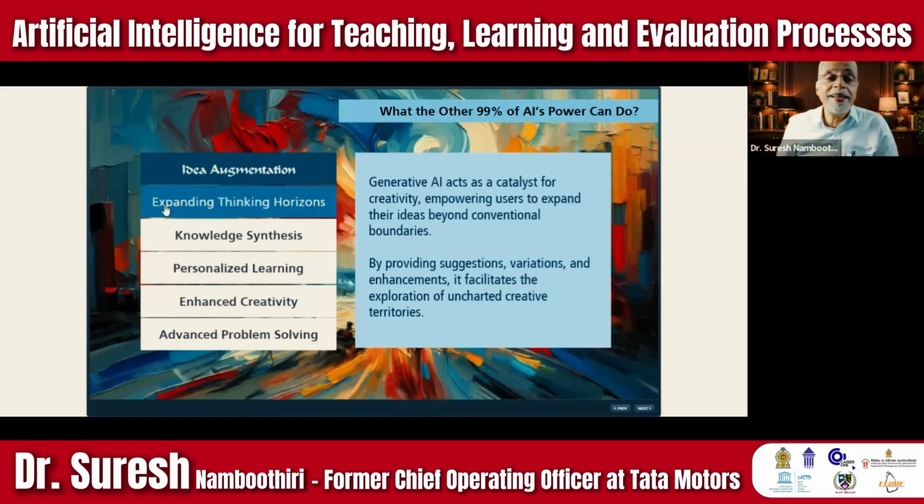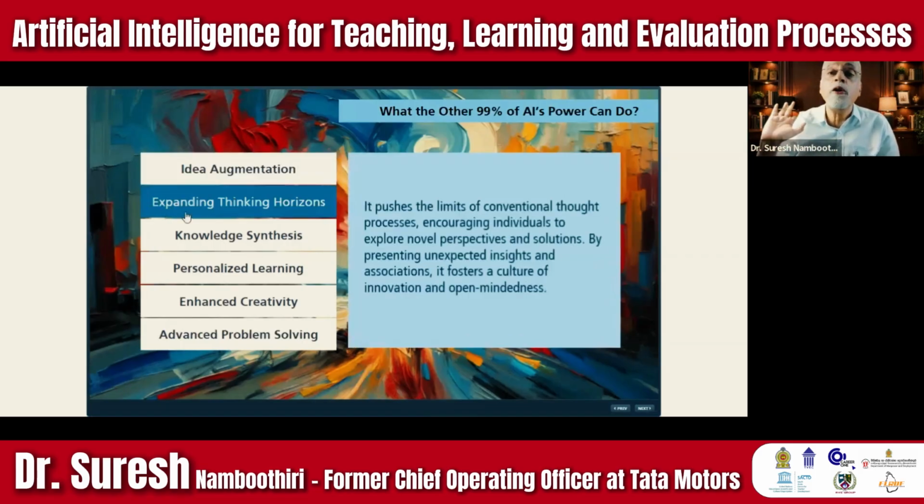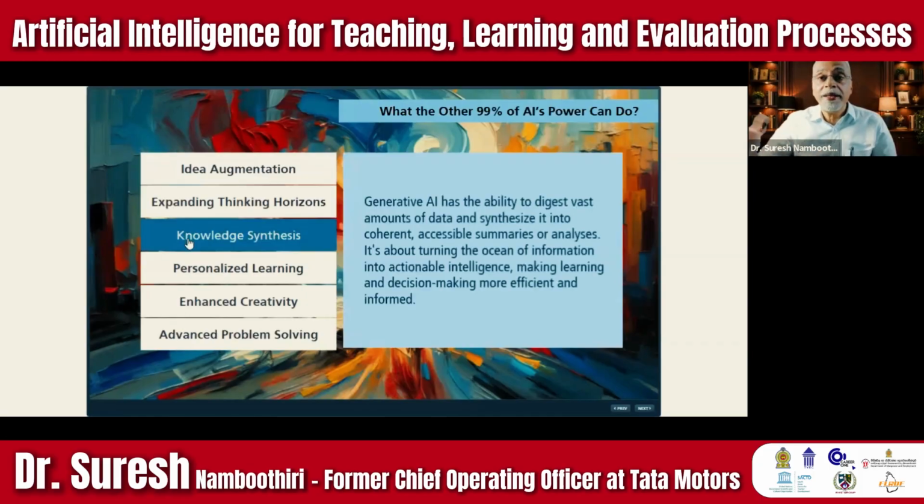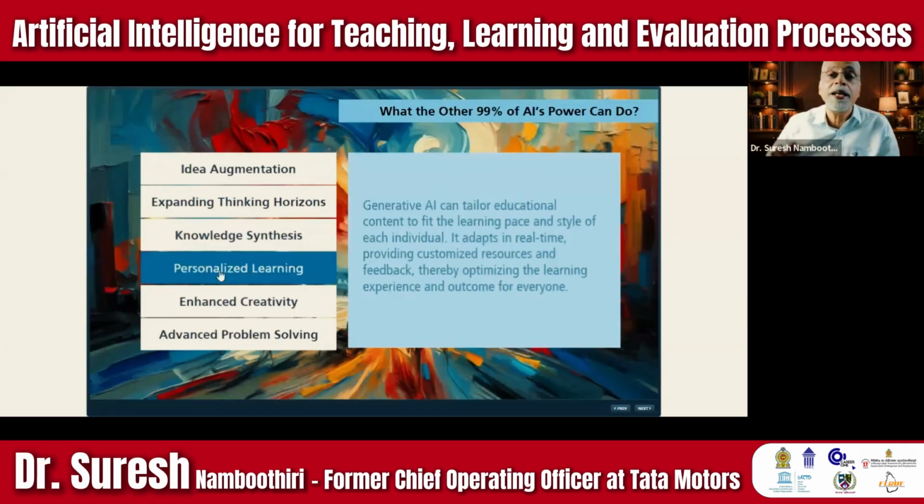And the second thing is expanding thinking horizon. This is what generative AI does. Then knowledge synthesis. We can do interdisciplinary research. We can bring many things together and do many things which we never imagined. Then personalized learning.